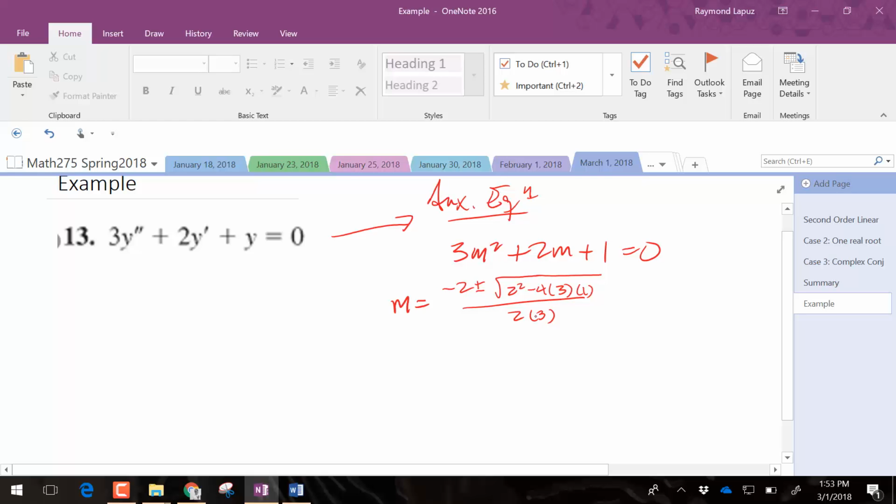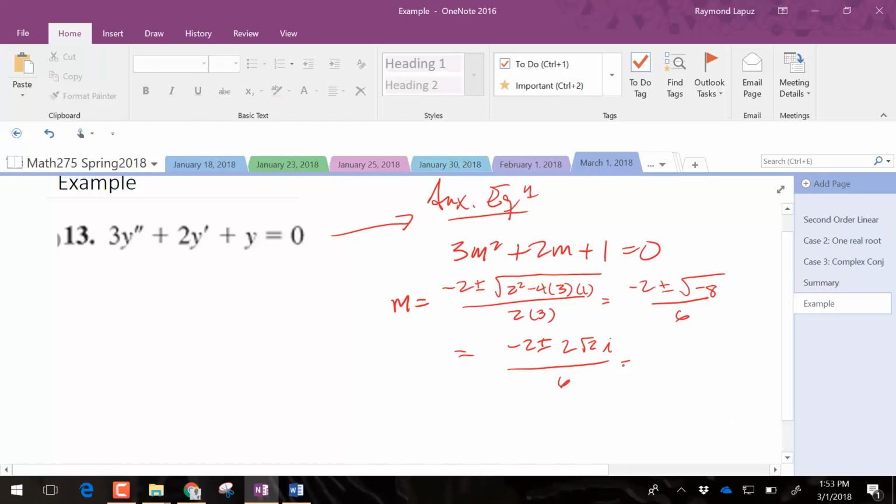And then if you could just work this out a little bit, negative 2 plus or minus the square root of minus 8 inside of the square root. Then you can factor out a 4 from the 8, whatever. Minus 2 plus or minus 2 root 2i over 6, so that you can simplify this just a tad.